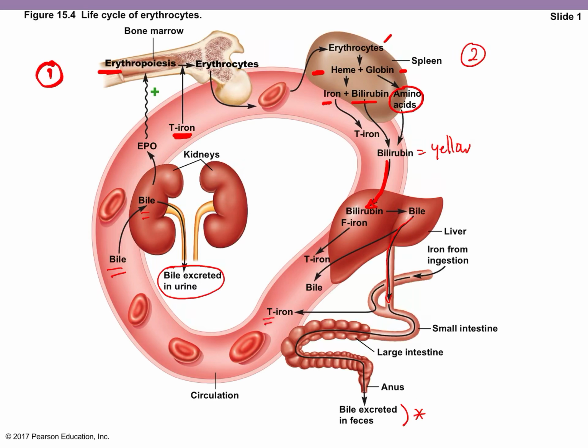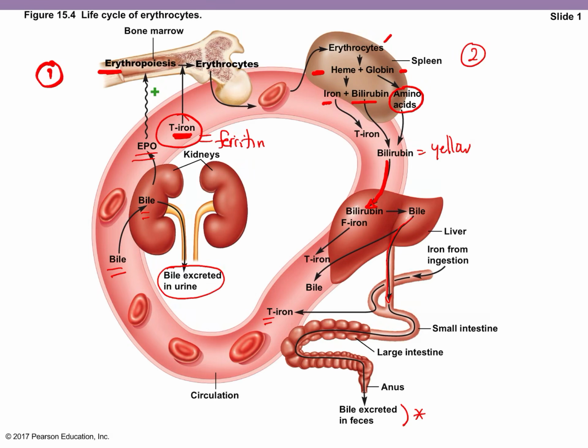So it's stored as a substance called ferritin, and that can be stored in your bone marrow, which is where it's used to make more hemoglobin.